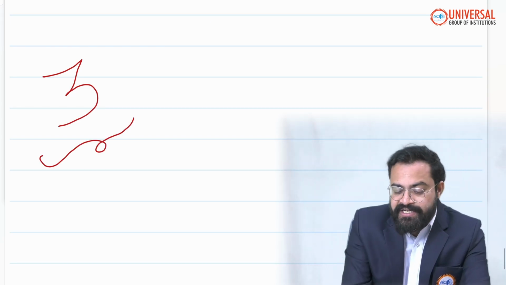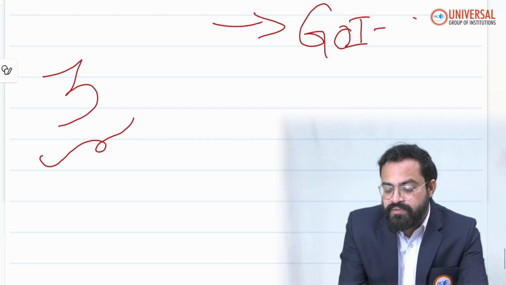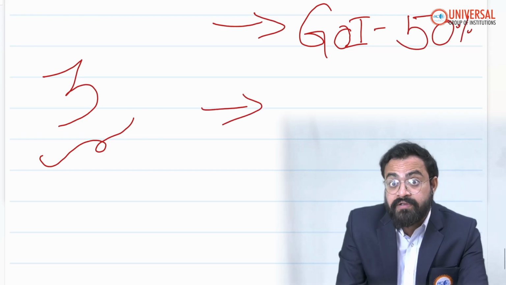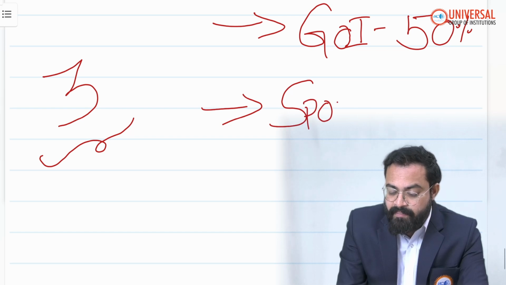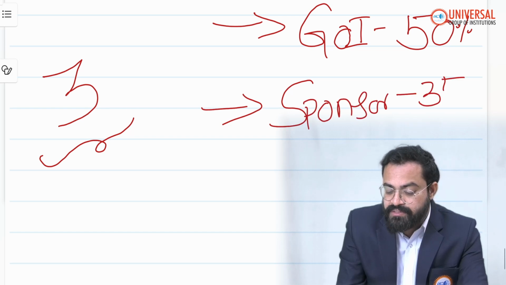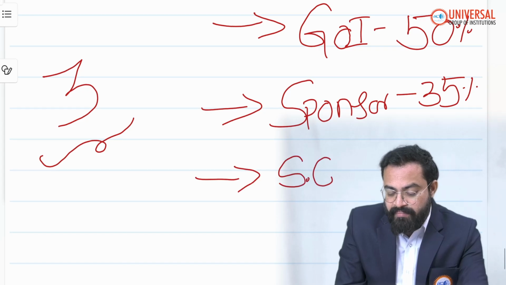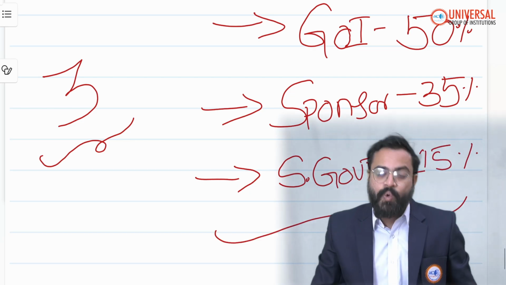Entity number one is the government of India, which owns 50 percent of the ownership. Then there is a sponsored bank, which owns 35 percent. Then we have the state government, which owns 15 percent.